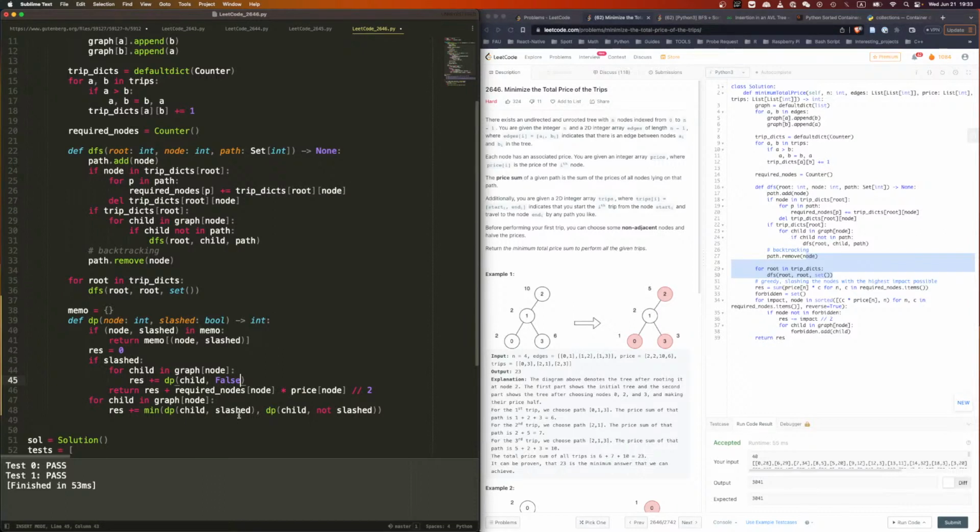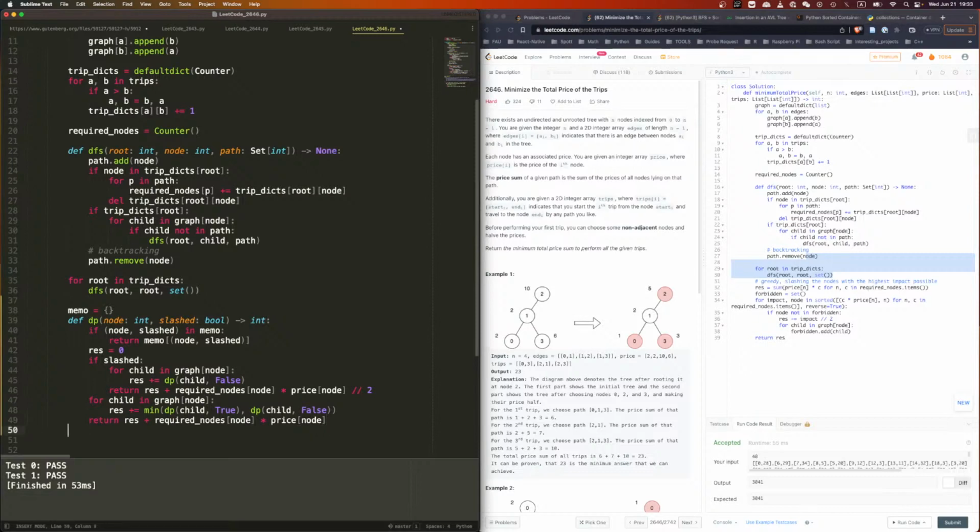If slashed is false, then the child can slash, or the child can choose not to slash. I want the minimum of those. And once it's done, I'll return res plus required nodes[node] times price[node]. I am not slashed, so I don't divide by 2.